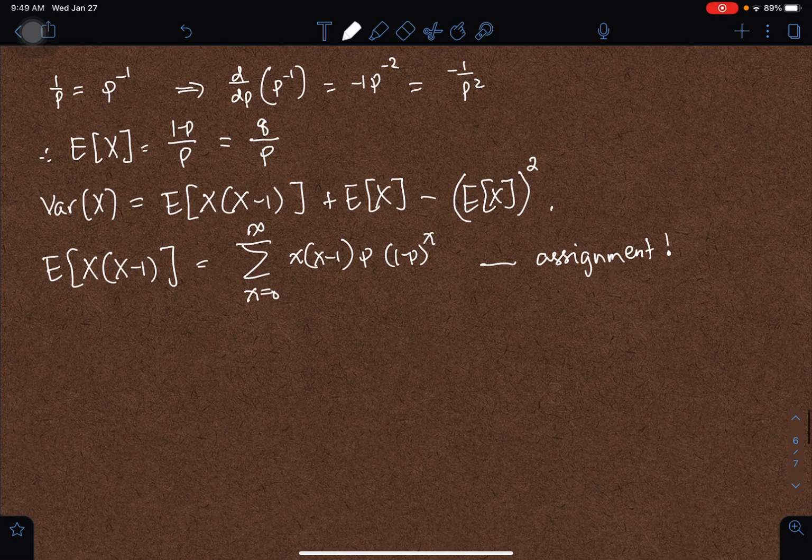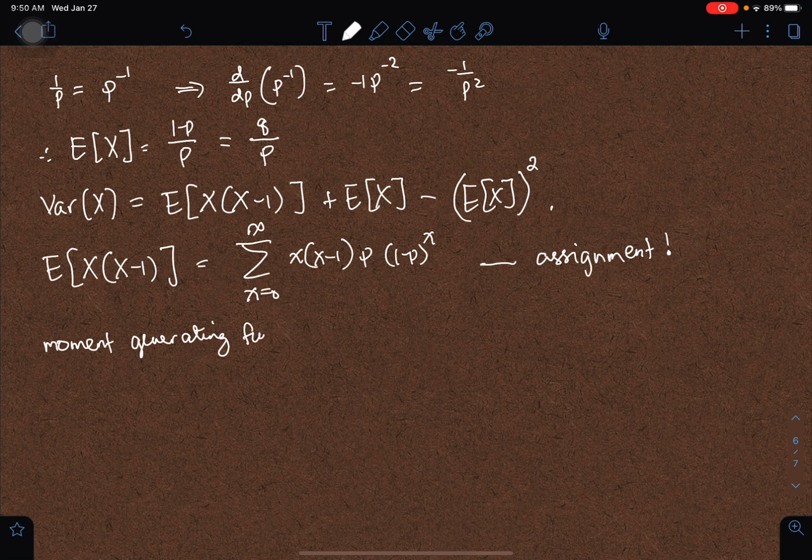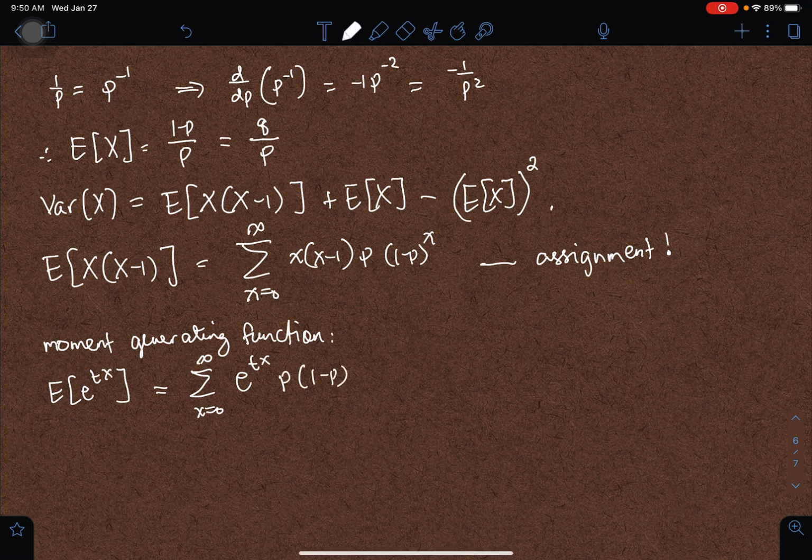Okay, now for the moment generating function. The expected value of e to the tx is equal to the sum from 0 to infinity of e to the tx times p times (1 minus p) to the x.